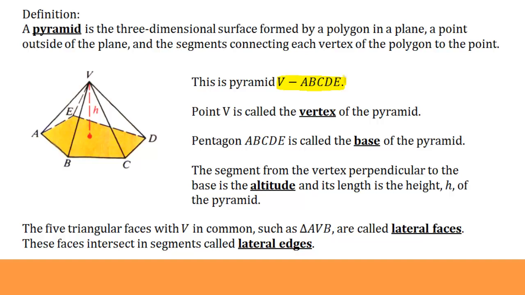So the lateral edges are segments AV, BV, CV, DV, and EV. Since the base is a pentagon, there are five lateral faces and five lateral edges, one for each corresponding side and vertex of the pentagon at the base.